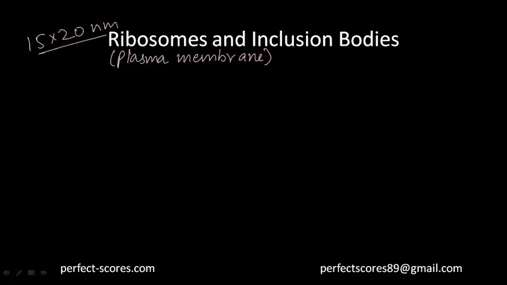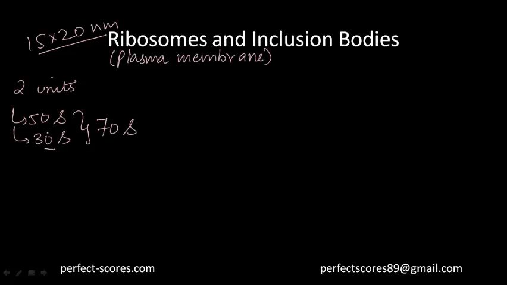And they're made up of two units. One is known as 50S. One is known as 30S. And they both combine and form together a 70S unit. So that is just the terminology that is used.